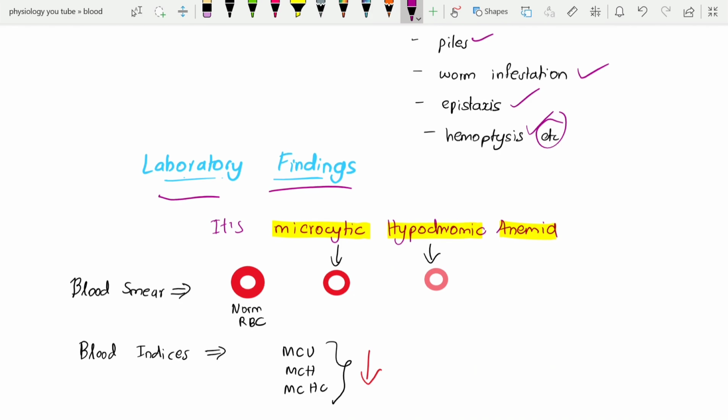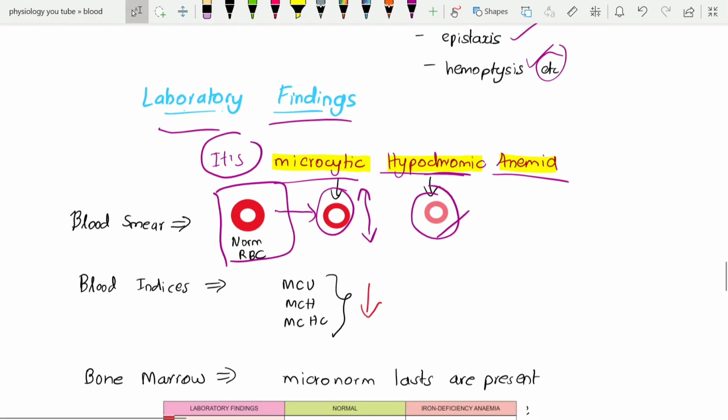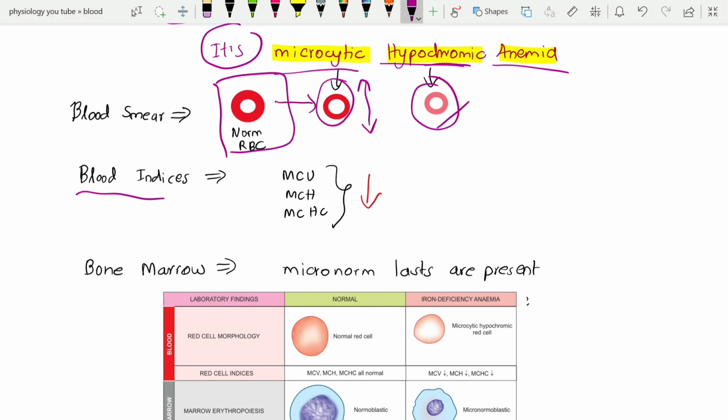Laboratory findings: it is microcytic hypochromic anemia. Here you are seeing normal RBC. Here its size is reduced, and here its color is reduced, where chroma refers to color. So reduced RBC color. Blood indices MCV, MCH and MCHC are decreased.